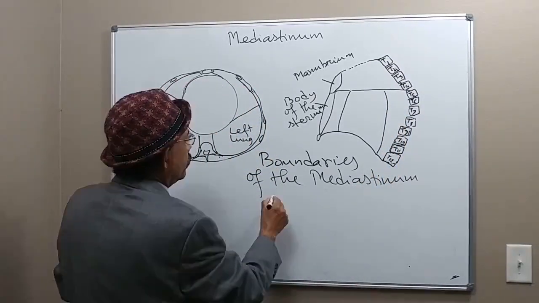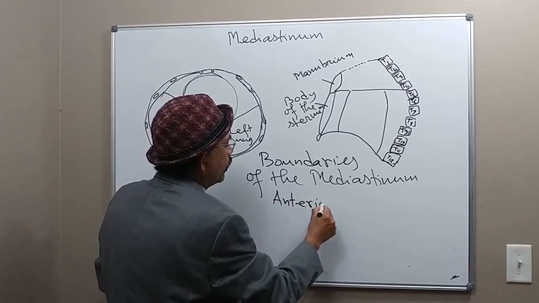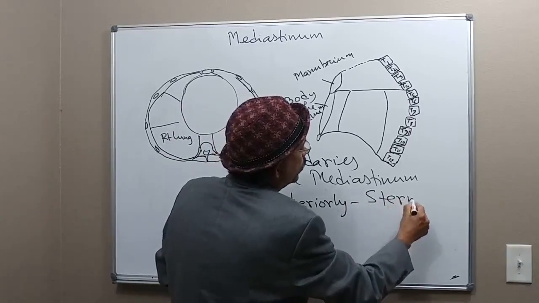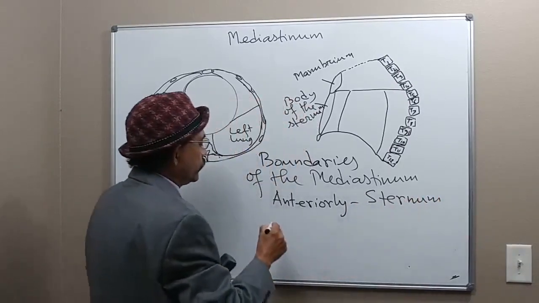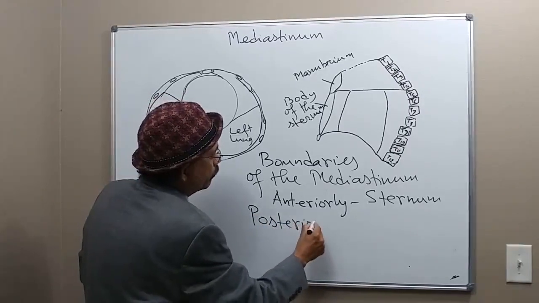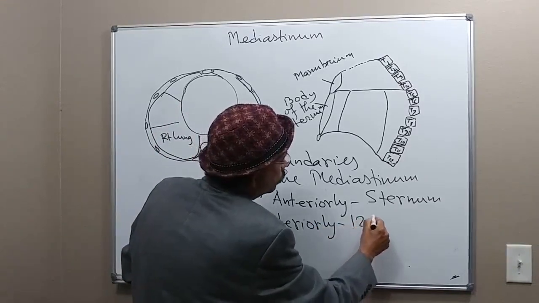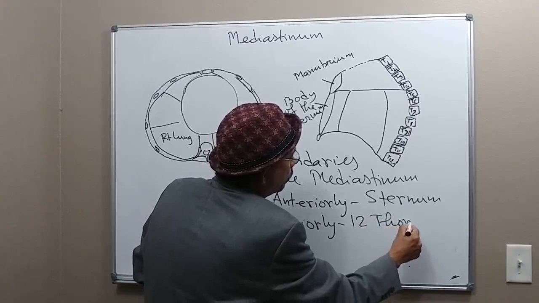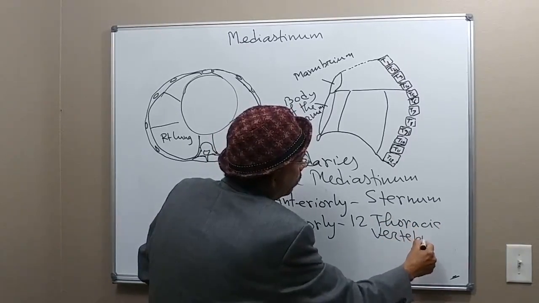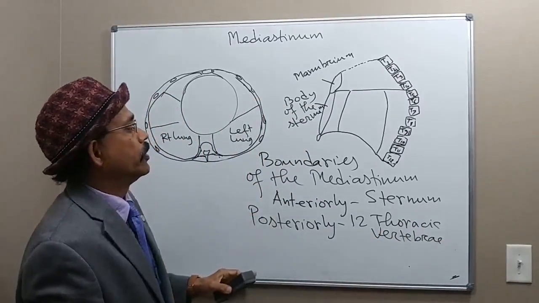So the boundary of the mediastinum: anteriorly, the sternum forms the boundary. Posteriorly, the 12 thoracic vertebrae. We have the anterior boundary and the posterior boundary.